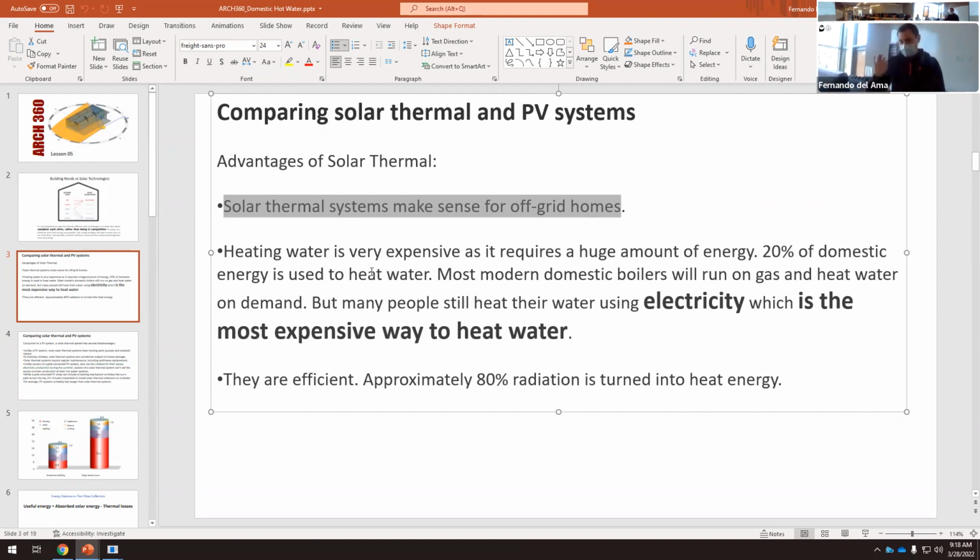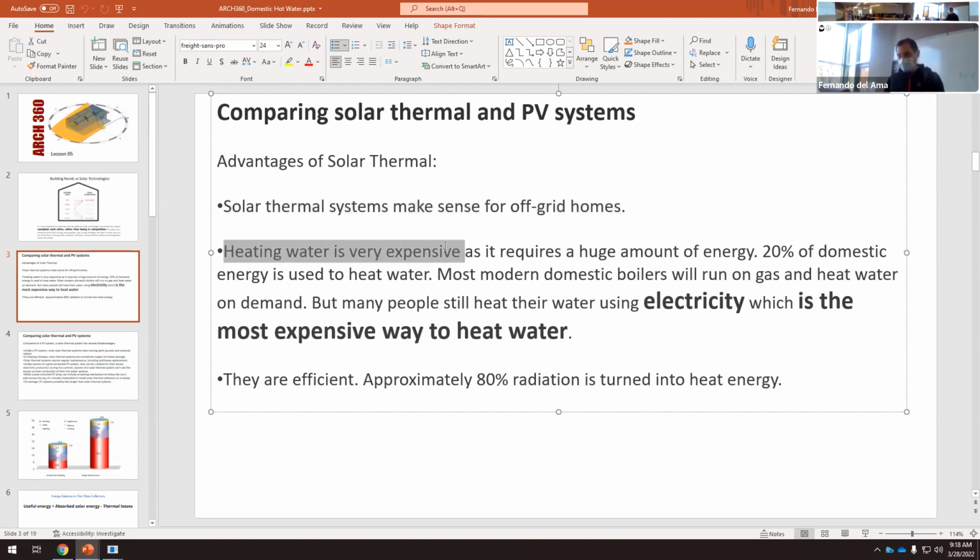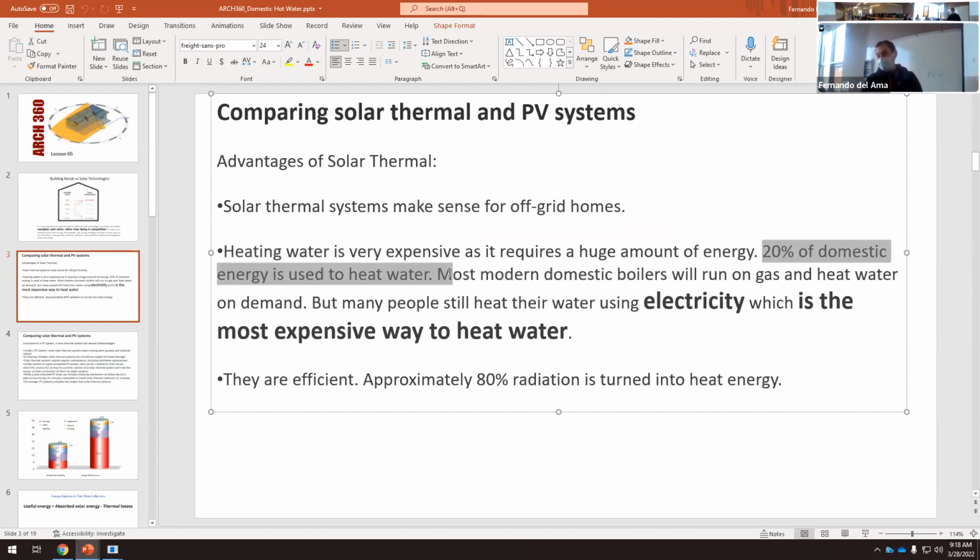And then this is very important. Heating water is very expensive. The hot water that we need for the shower, even if we take a shower only once or twice a day, is around 20% of the domestic energy, or of the daily energy.